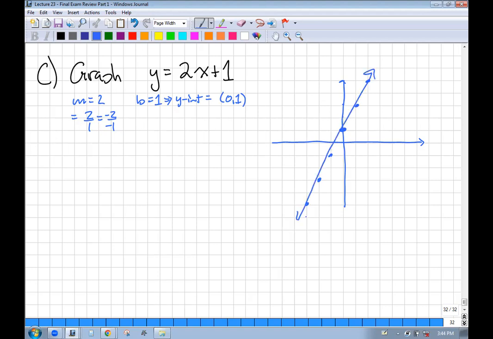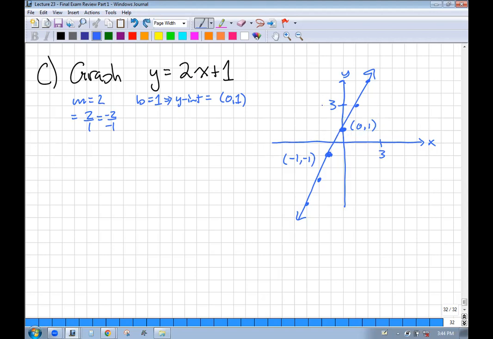So this is not a complete answer. You need to label some points. This is 0, 1, right? This point here would be what? -1, -1. This is x, this is y. And you need some scale. I put right here, like, this is 3. So I know that we have some scale. I'd say, well, then this is 3. All right. Really, labeling these points tell you the scale.